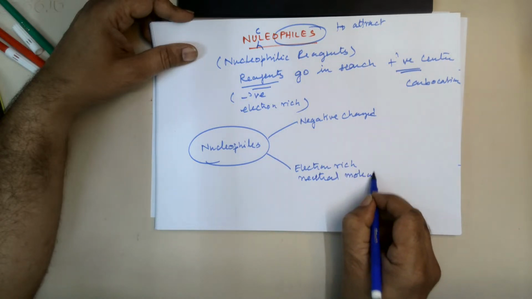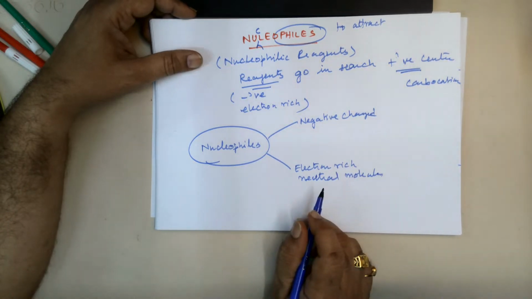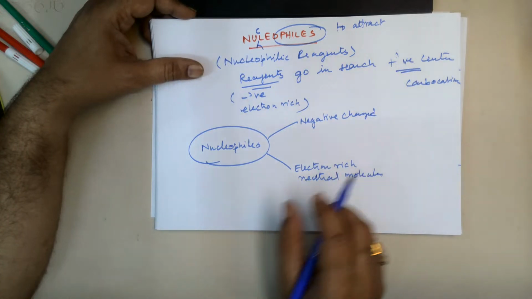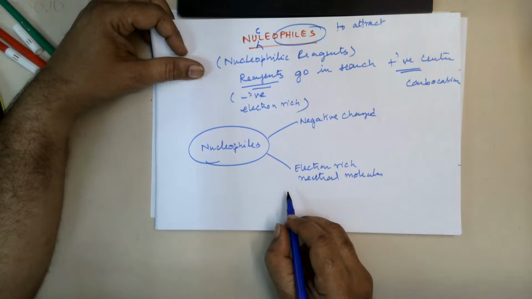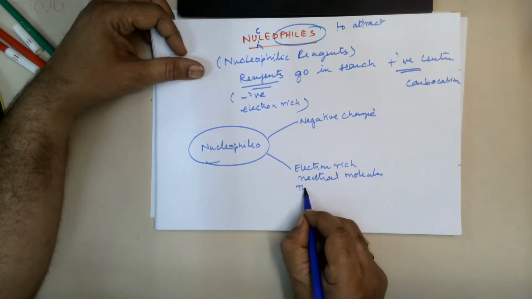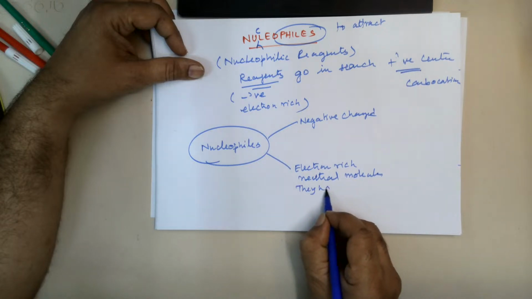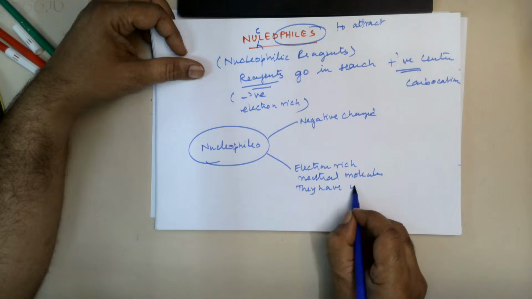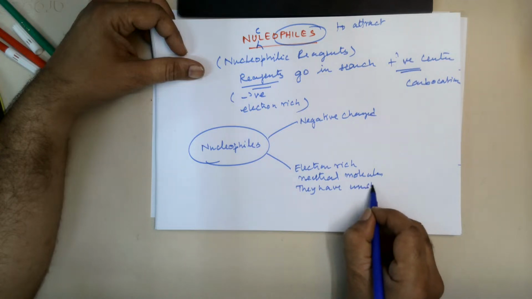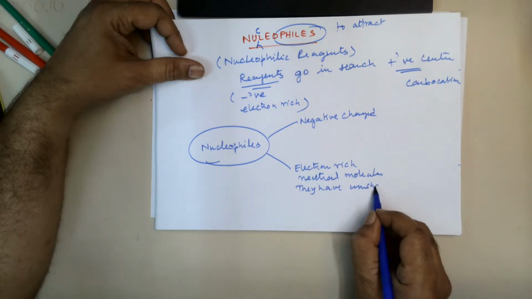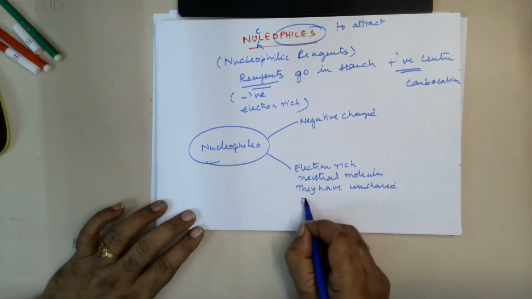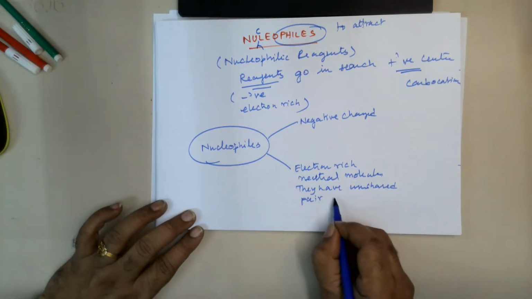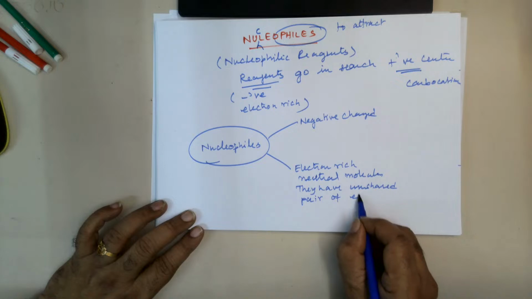Likewise, we can classify it into two. Why are they electron rich? Because they have some unshared, that is non-bonding, pair of electrons.